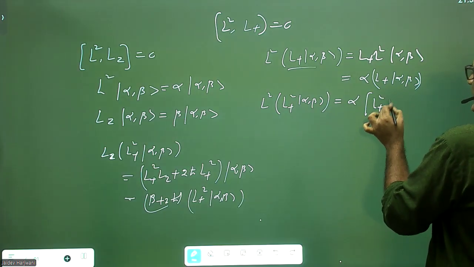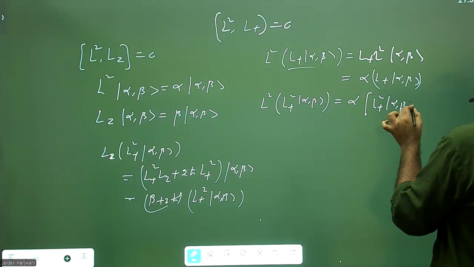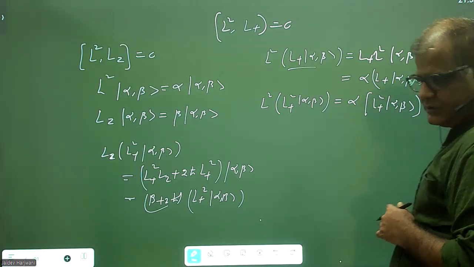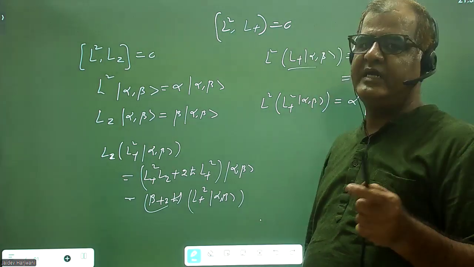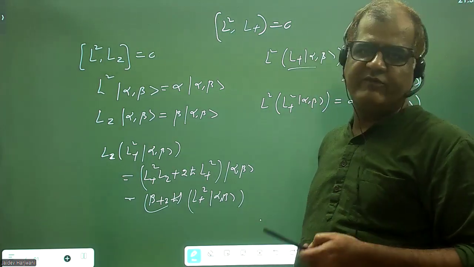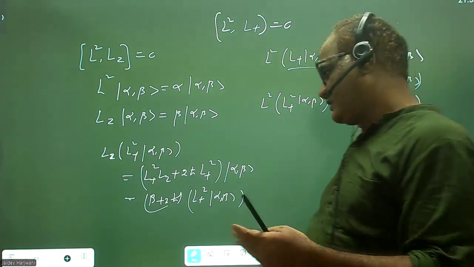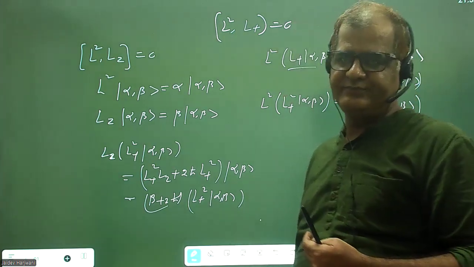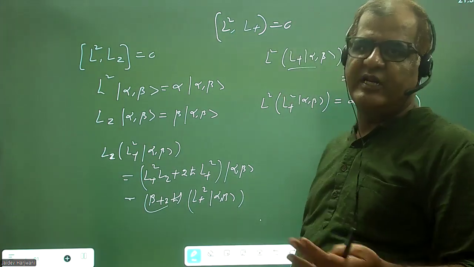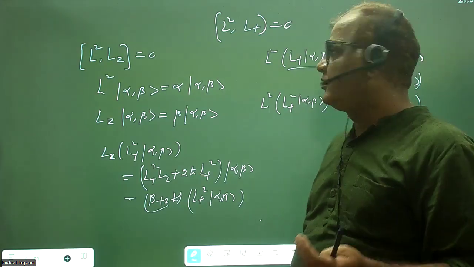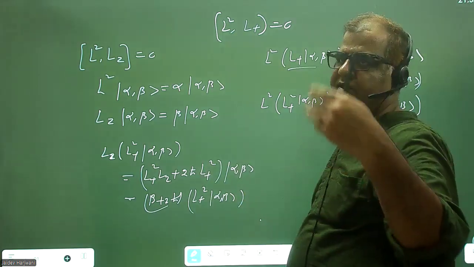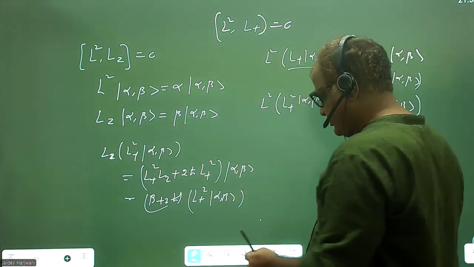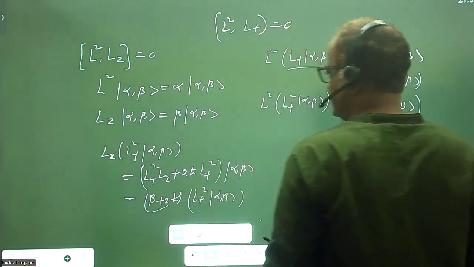So now we have two facts. One, the operation of L plus increases the eigenvalue of Lz, and it does not have an effect on the L square eigenvalue. Now I will show that beta is bounded. Beta value cannot increase beyond a certain limit. So let us prove that one.